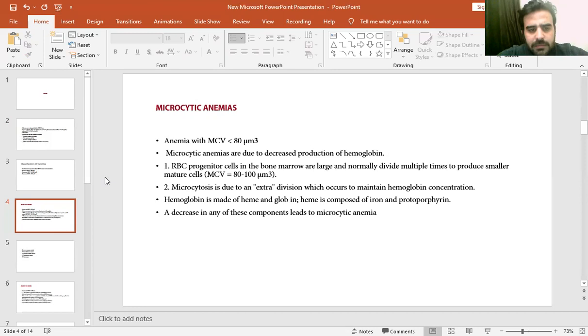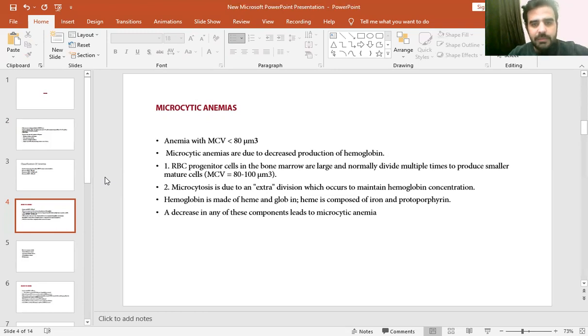Hemoglobin, as you know, is made up of heme and globin, and heme is composed of iron and protoporphyrin. So if you have a decreased amount of iron or porphyrin or globin chains, what will happen? He will have microcytic anemia.